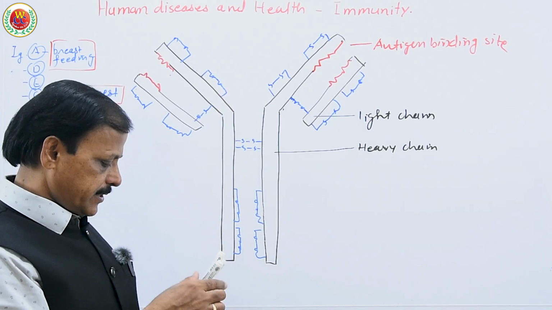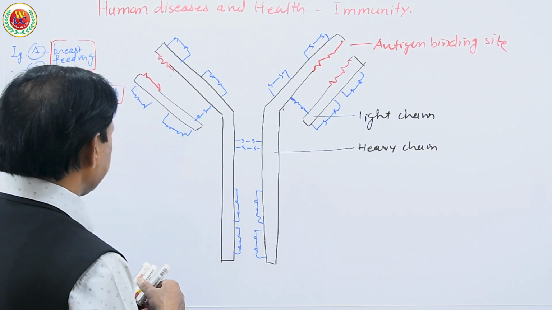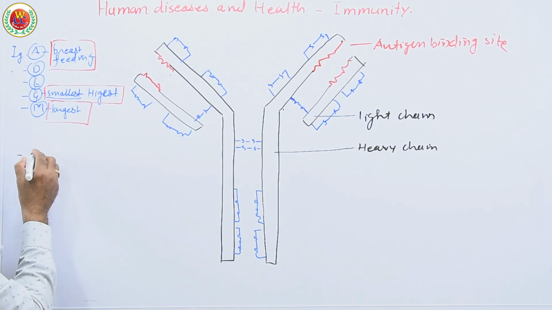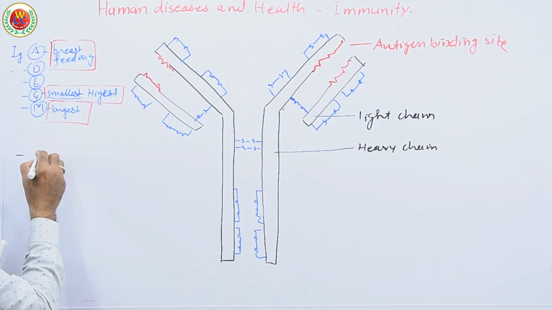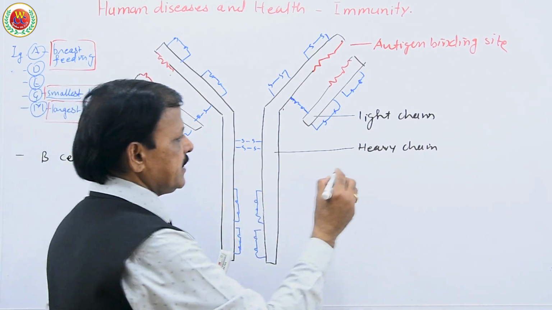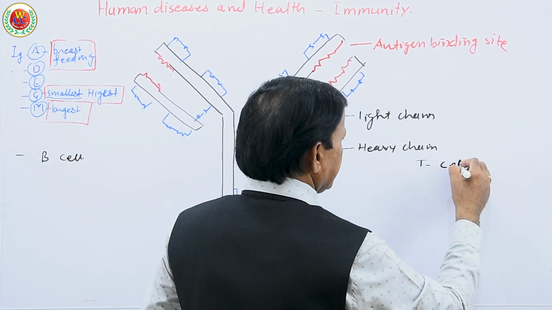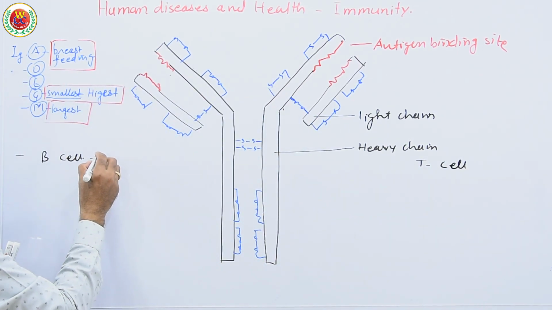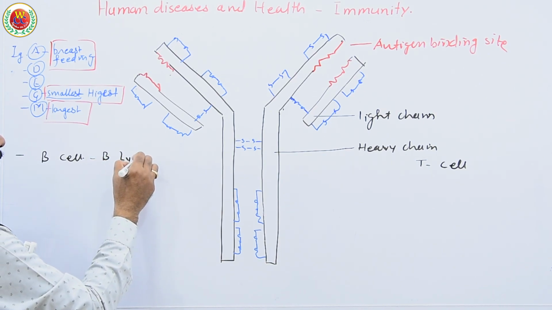It is achieved by two types of cells. Those cells are B cells and T cells. B cells are B lymphocytes.